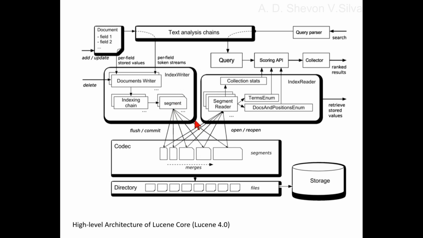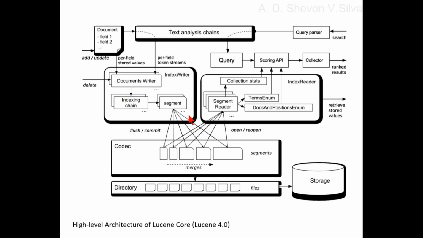The index writer is a high-level class responsible for processing index updates, addition and deletion, recording them in new segments, creating new commit points, and occasionally triggering index compaction, segment merging. It uses a pool of document writers that create new in-memory segments.